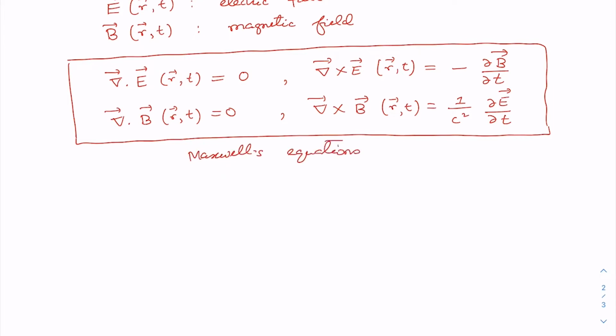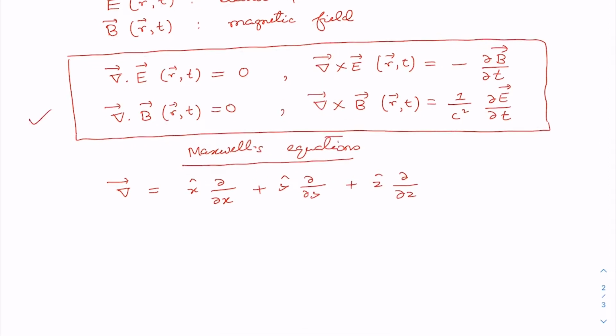I hope you know that this del is a vector operator, a differential operator. In Cartesian coordinates it is defined as having three components: x cap del x plus y cap del y plus z cap del z.